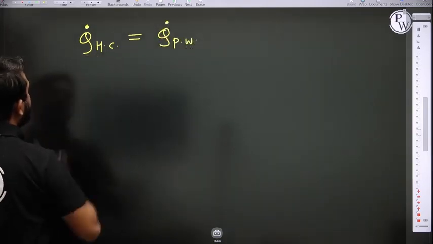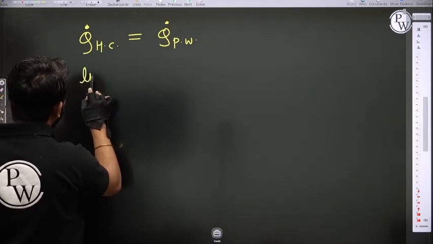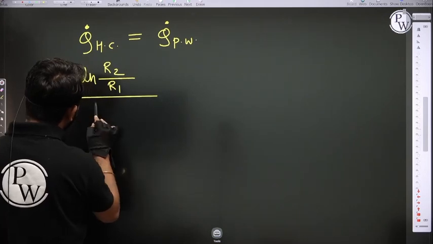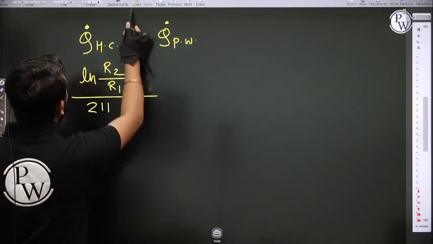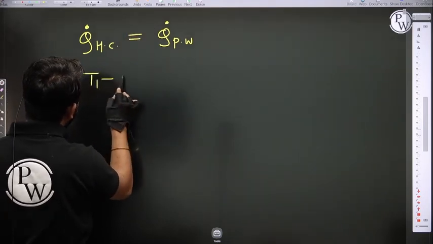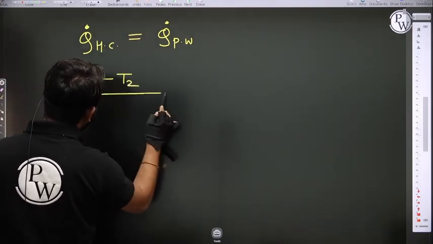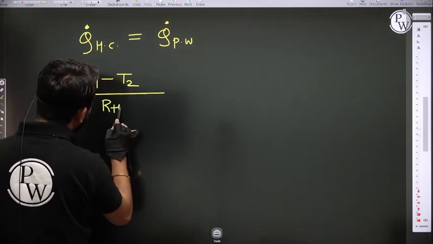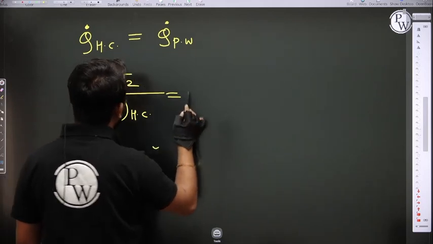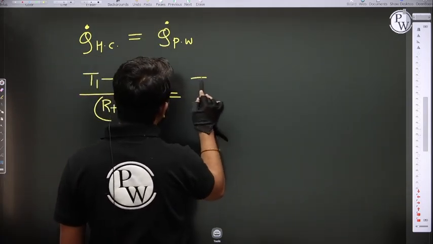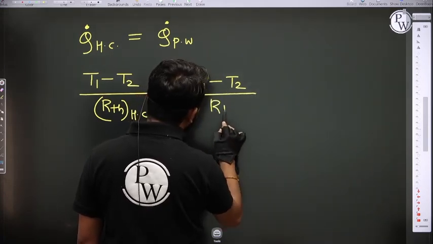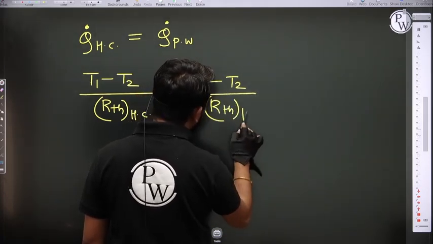So the rate from the hollow cylinder is T1 minus T2 divided by the thermal resistance of the hollow cylinder, and that is equal to T1 minus T2 divided by the thermal resistance of the plane wall.